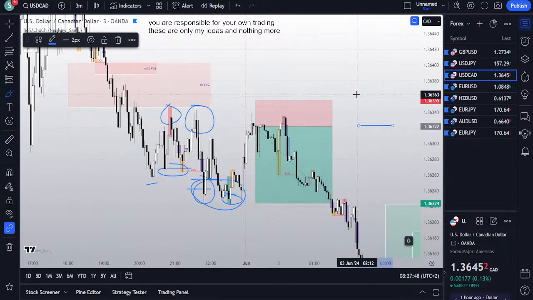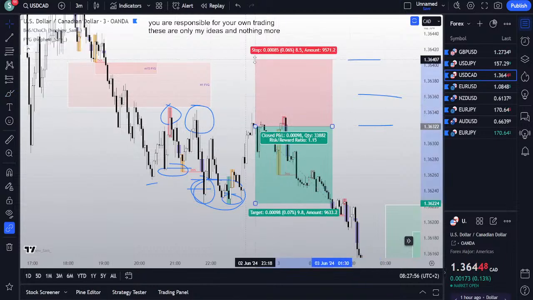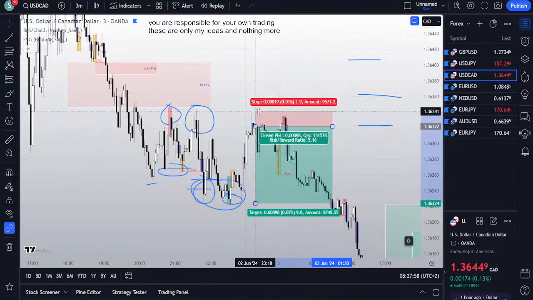I get this price, which means my stop would have to be somewhere up here. So it probably looked something like this. So I didn't enter that.